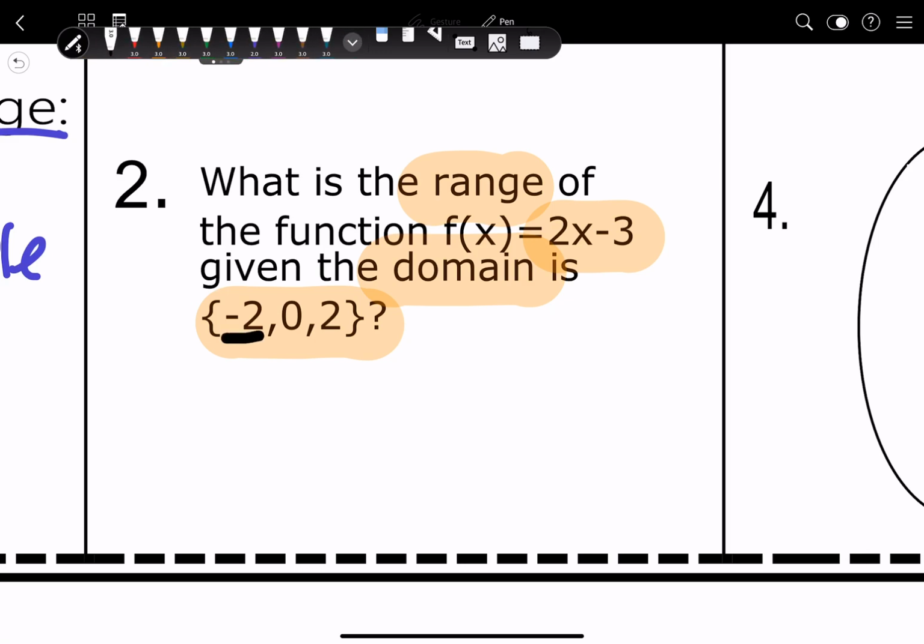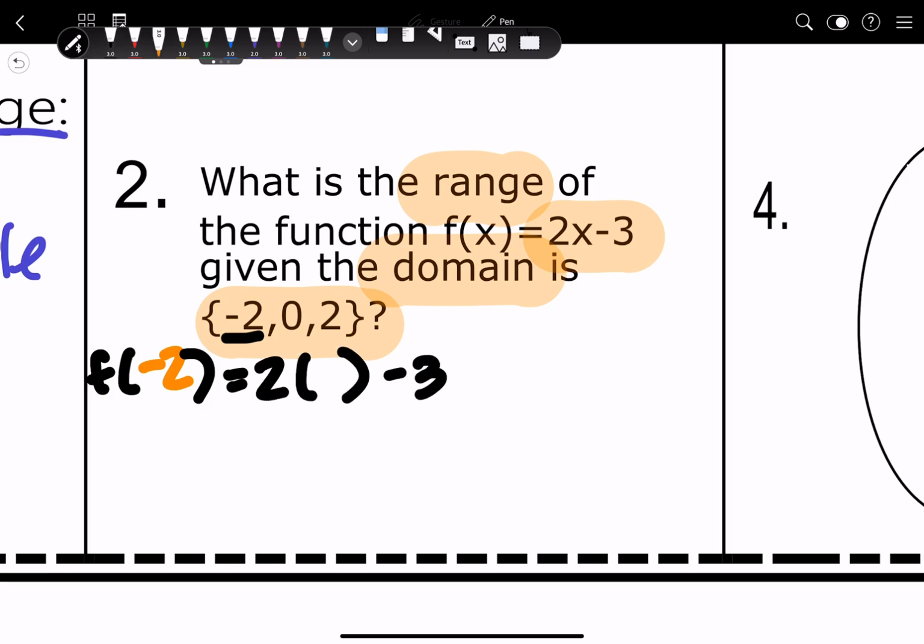When you're trying to find f of -2, and you're using this function right here, 2x minus 3, all you're replacing is that x with that number in there. And you can do that. 2 times -2, that's -4, minus 3 is going to get us a -7. And notice I'm going in least to greatest order as well again, so that way, hopefully, I can get my range to come out in least to greatest order as well.